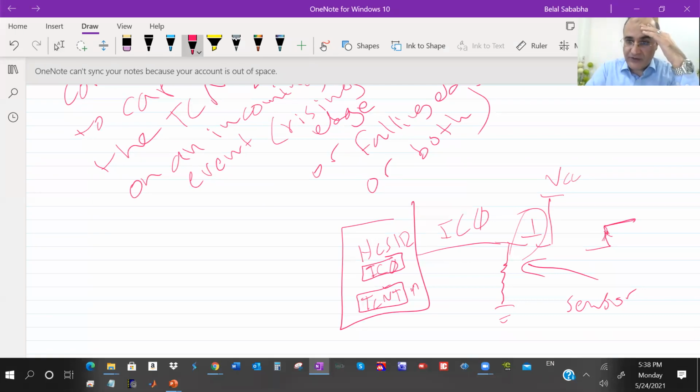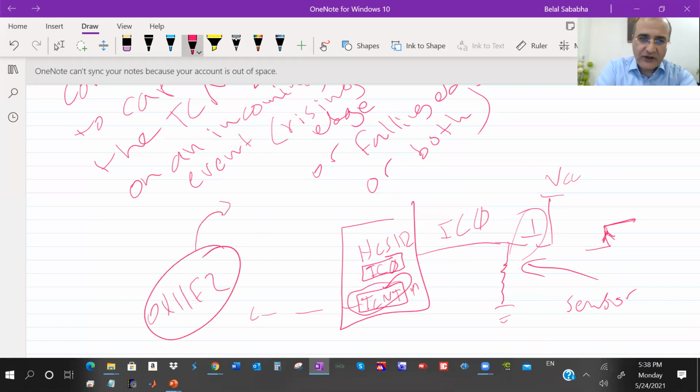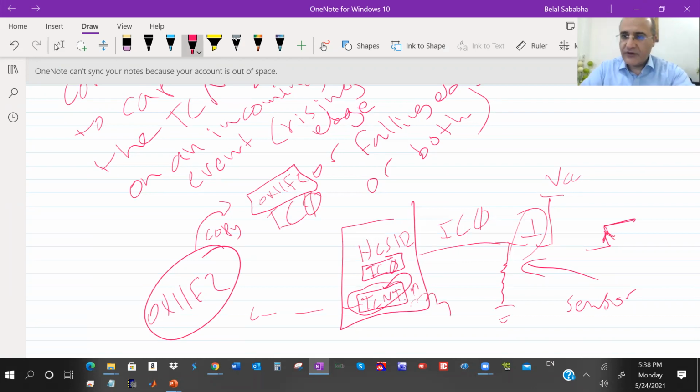When an event happens, you capture the timing. So at the instant of this rising edge, assume this counter was at 0x11f2, this will be copied to the input capture register 0. Let's say 0x11f2. And the Tcnt will continue counting.